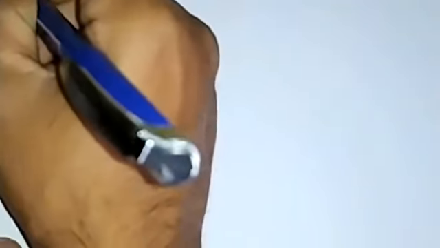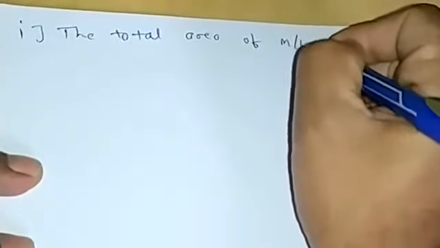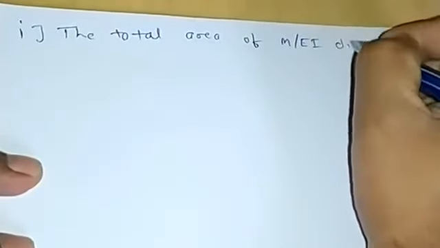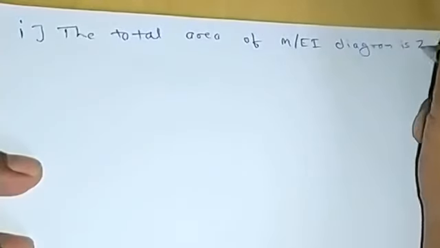Now here there are some points you need to understand. The first one: the total area of the M by EI diagram is 0.